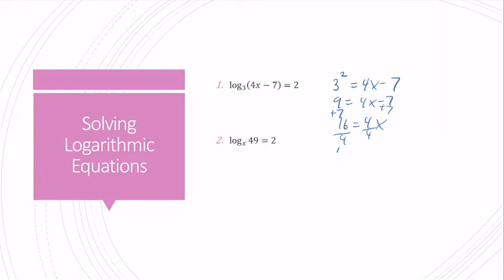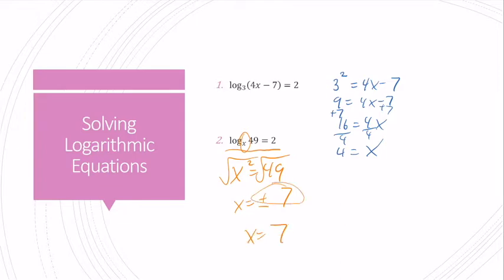Let's try this again with this next problem. If I have log base x of 49 equals 2, that gives me x squared equals 49, right? So I'm going to take the square root of both sides. x equals plus or minus 7. But as we'll talk about in chapter 6, I can only have positive bases, so my answer is only going to be x equals 7.